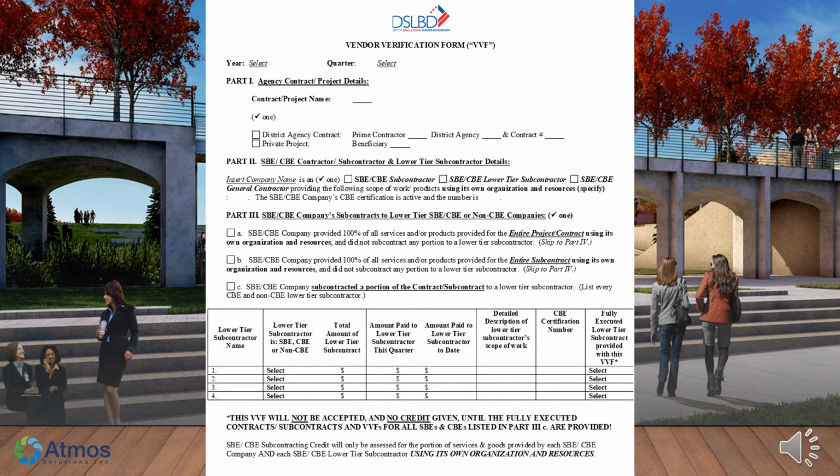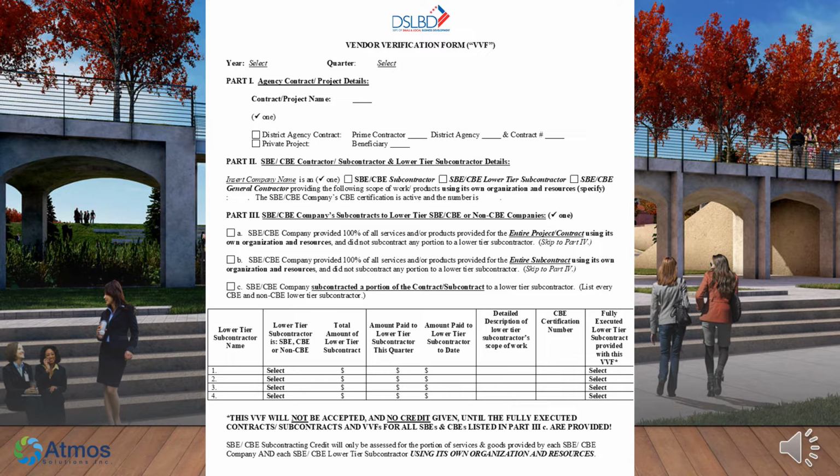The vendor verification form is a document that is submitted quarterly and attests to the amount paid to the SBE or CBE within a specific quarter. Here you can see the first page of the vendor verification form. Part 1 speaks to the project information.